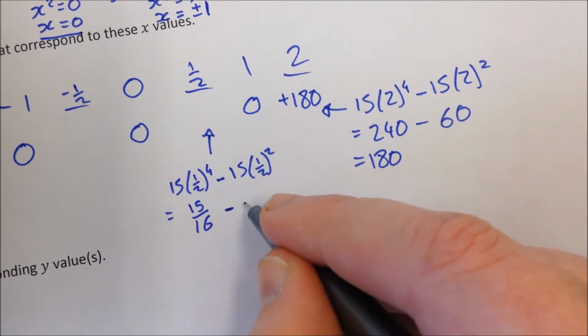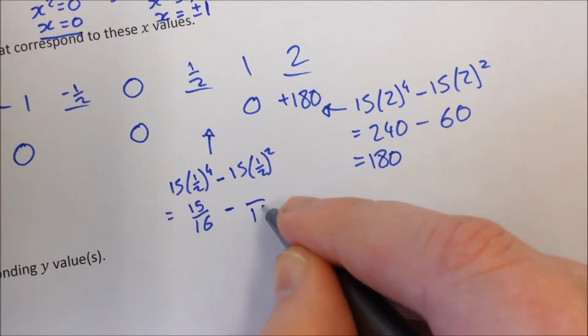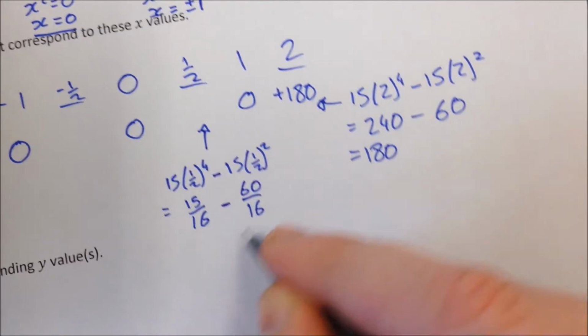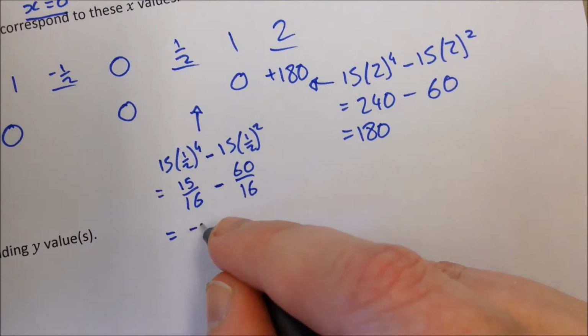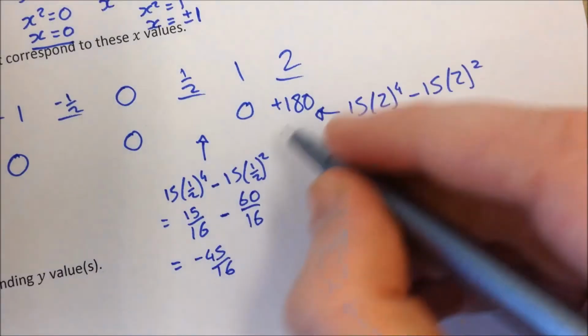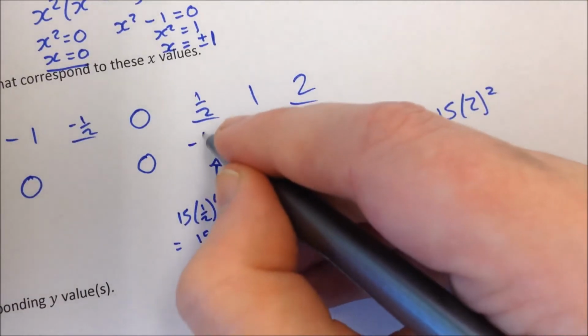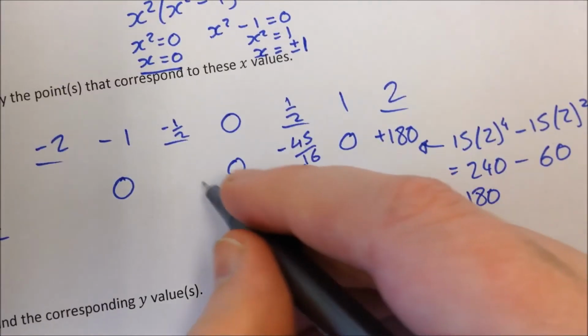Now I'm just going to convert that to 16ths rather than quarters, so I'm going to put that as 60 16ths. You can do all this in a calculator. I'm just doing it like this because I'm without a calculator right now. So -45 16ths. It doesn't really matter what it is, it just matters that it is a negative.